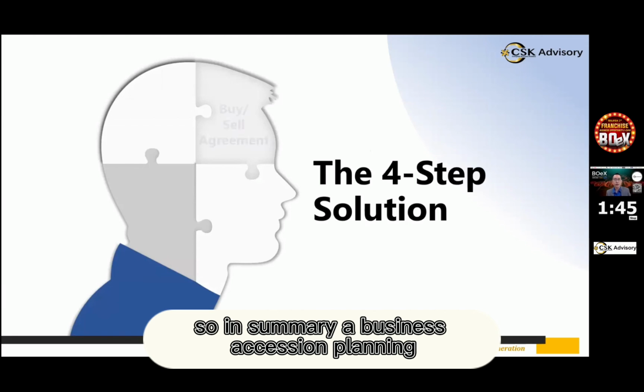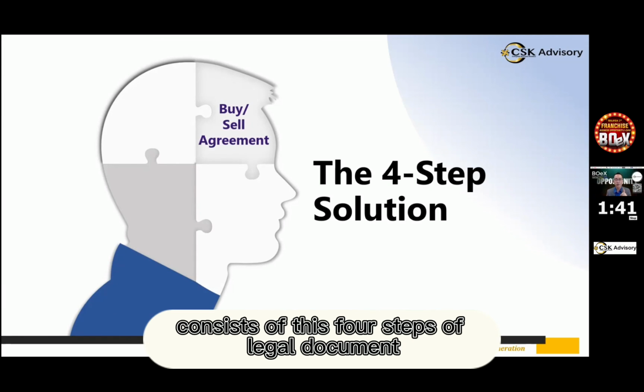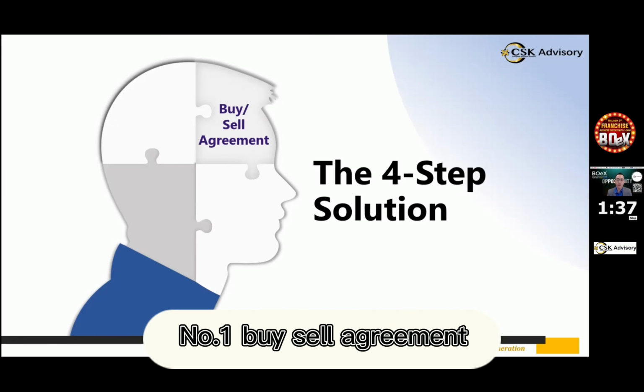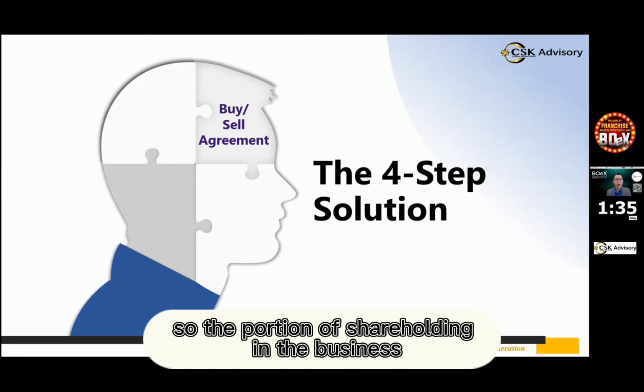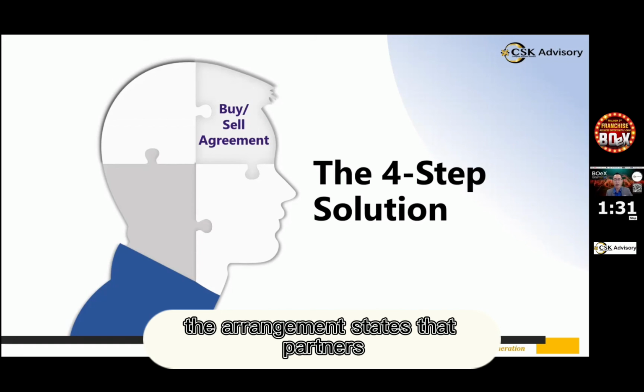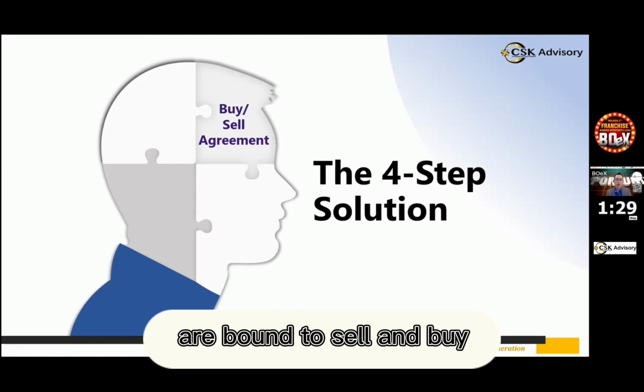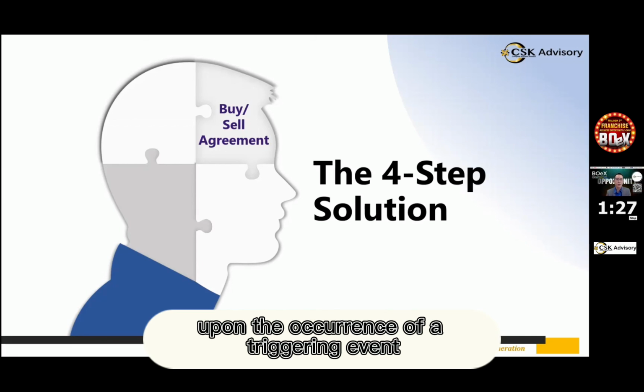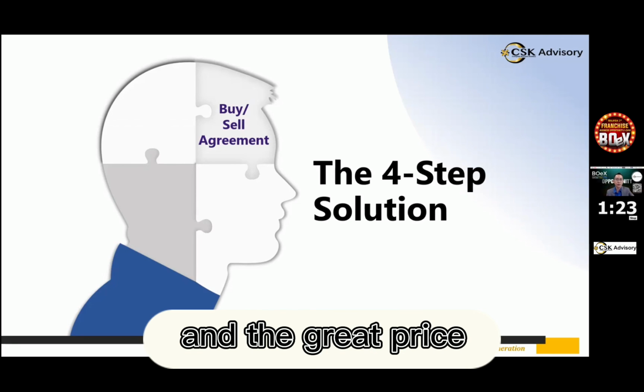So in summary, a business succession plan consists of these 4 steps of legal documents. Number 1, buy-sell agreement. So the portion of shareholding in the business is defined here. The arrangement states that partners are bound to sell and buy upon the occurrence of a triggering event at an agreed price.